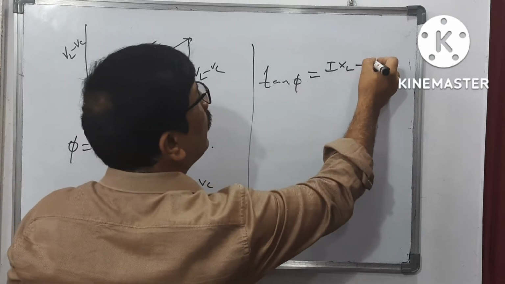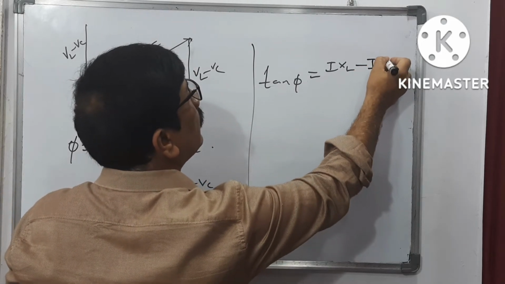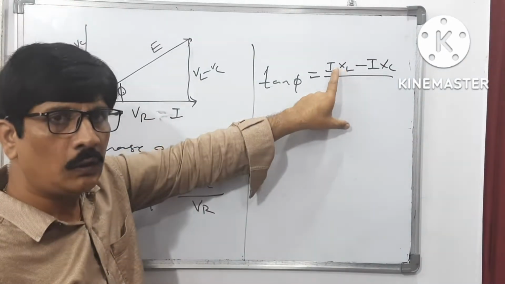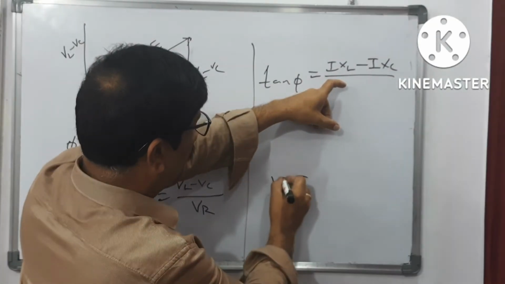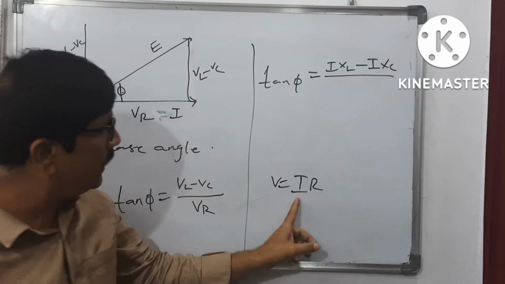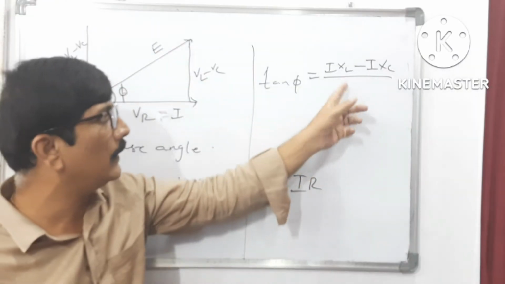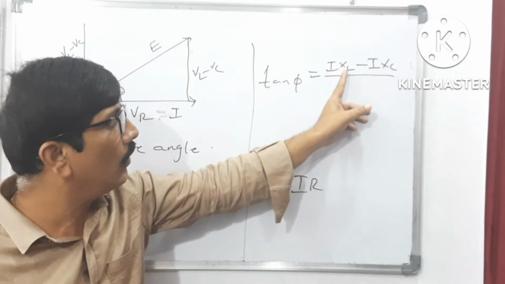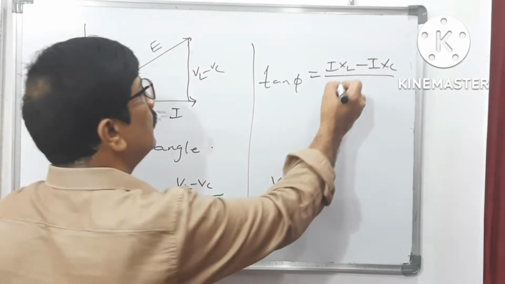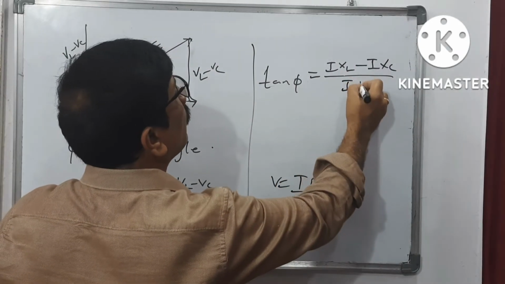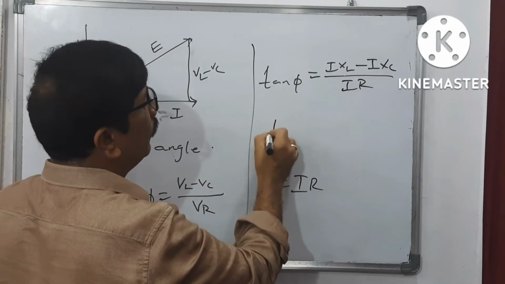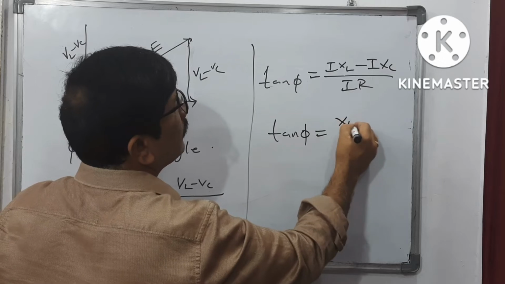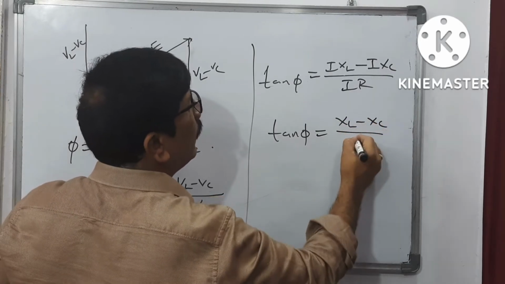VC means voltage across the capacitor, I into XC. According to Ohm's law, V is equal to IR, but here XL is the resistance offered by the inductor, which is called inductive reactance. Divided by I into R. If you take I common, finally you get tan phi equal to XL minus XC divided by R.